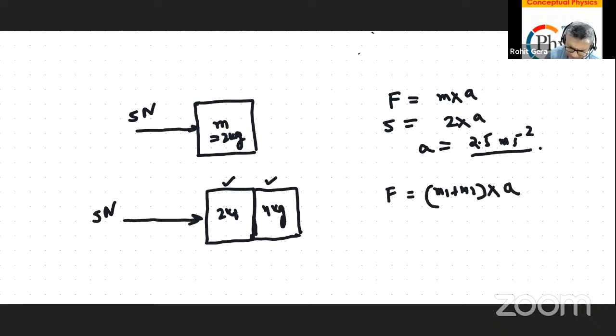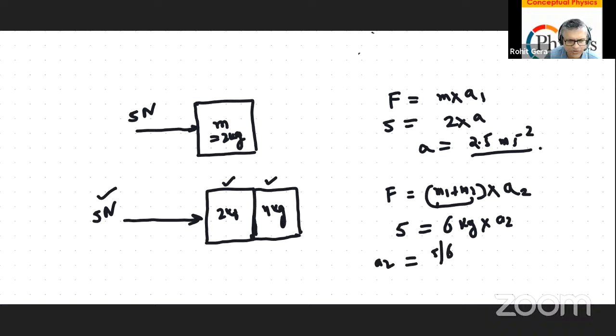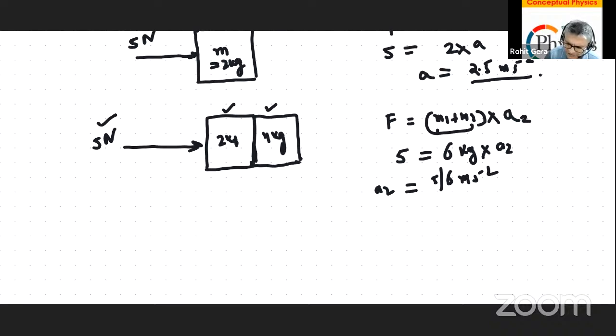But as far as the external force goes, my acceleration will be, this is A1 because I have two masses touching each other. So force is 5 Newton is equal to 6 kgs multiplied by A2 is equal to 5 by 6 meter per second square. So both the blocks have an acceleration, which is this. So they are now moving with an acceleration.